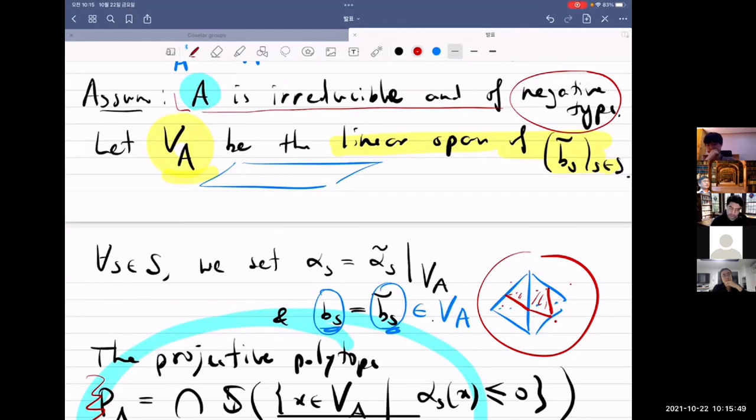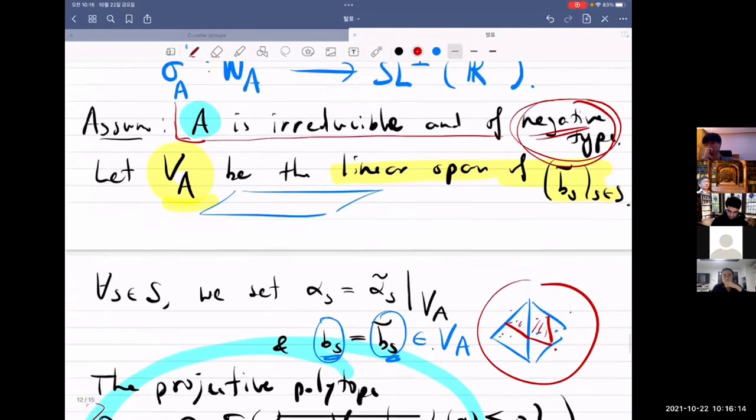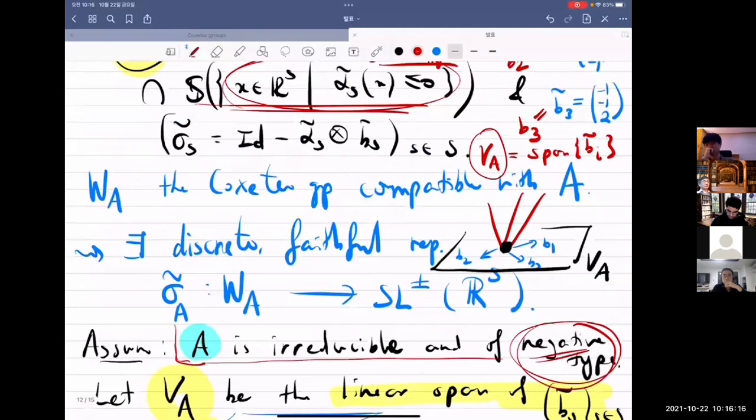But for convenience, because we always consider the irreducible case, if you assume negative type, then of course everything is fine. You can also consider the positive type too, but the positive type is not really interesting for me. So I assume that A is irreducible and of negative type. Then the previous problem never happens.